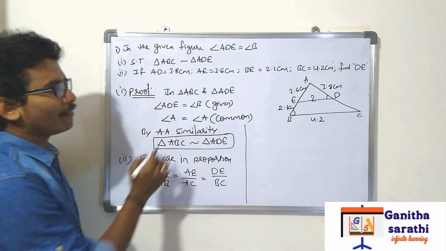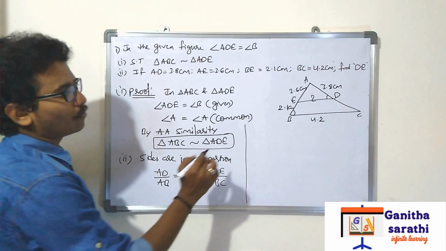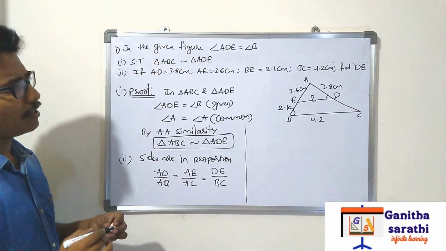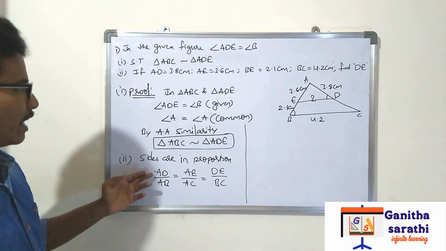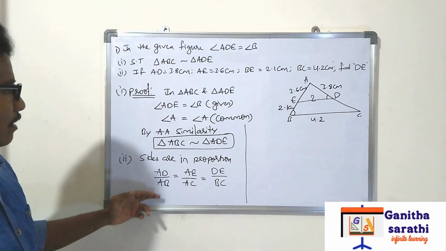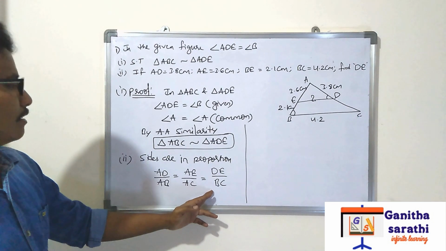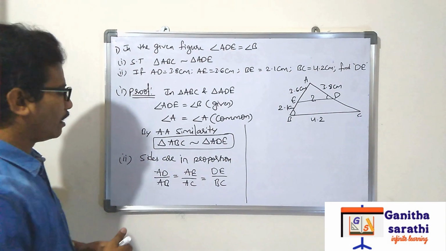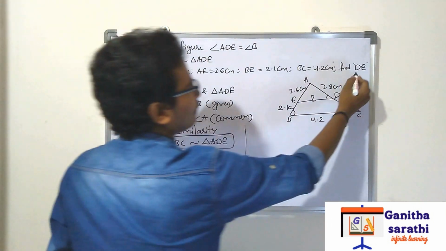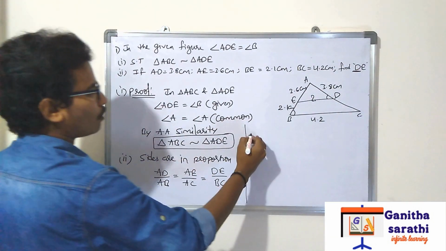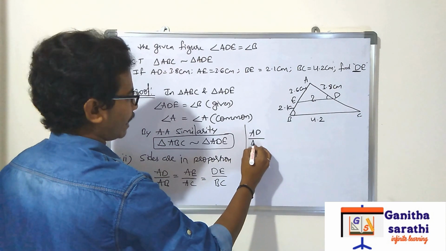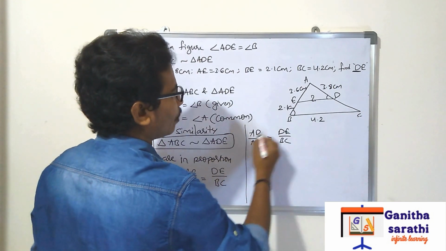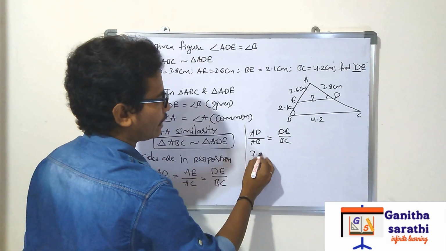Next, what is the value of AD? First of all, see here, we want only AD by AB and DE by BC, right? We don't want AE by AC. AE by AC is not needed, because we have to find the value of DE. We will take AD by AB is equal to DE by BC. What is the AD value? 3.8.